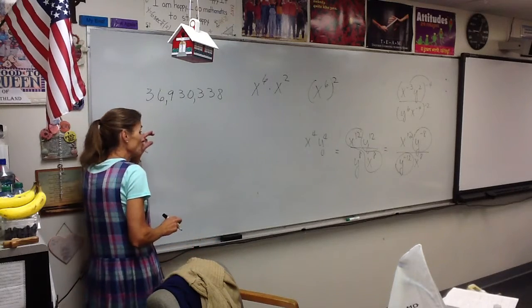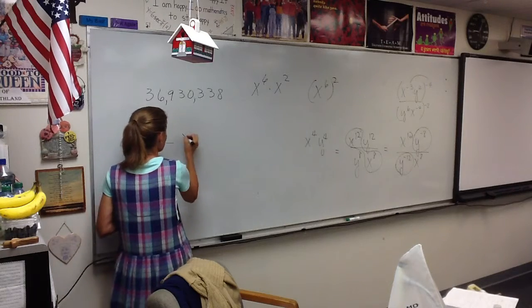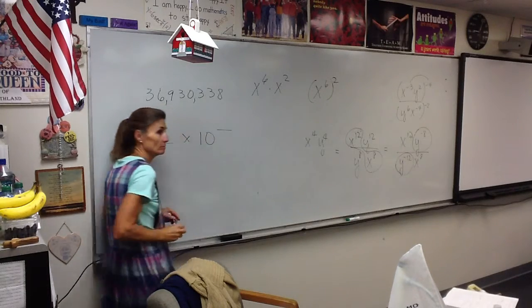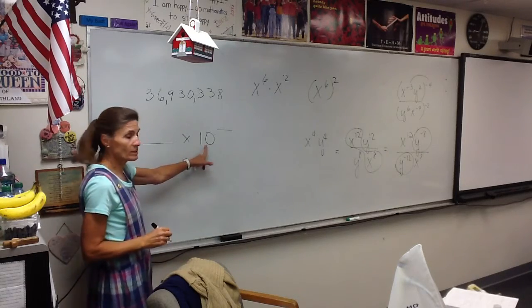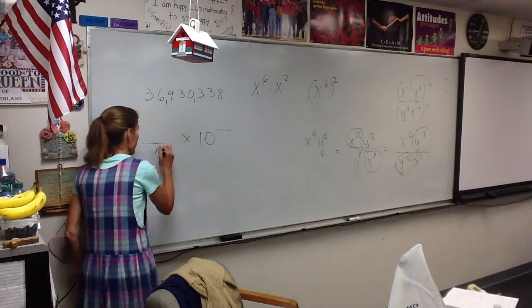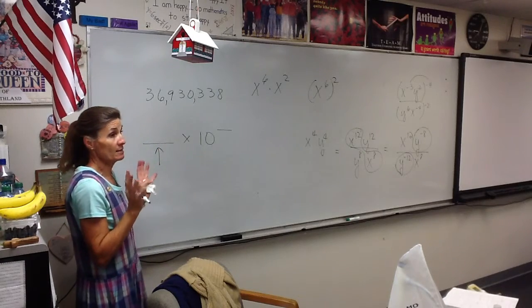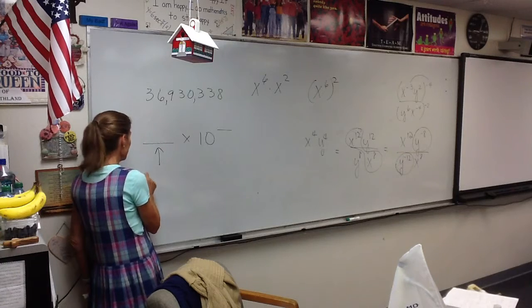So remember, when you write a number in scientific notation, it's something times 10 to a power. It's always 10 though, right? It's always 10. That's never anything but 10. This number, whatever it ends up being, has to be between 1 and 10.